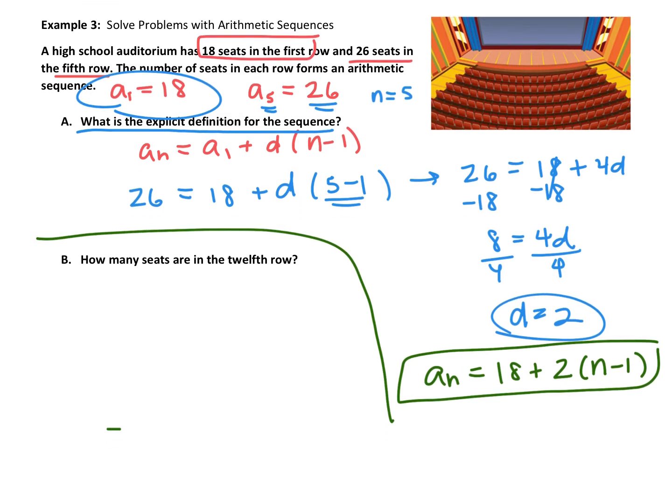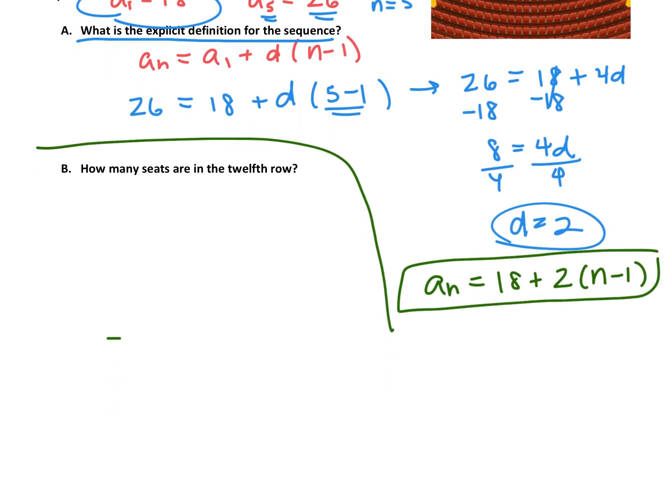Okay, we have a follow-up question. How many seats are in the 12th row? So we can use our rule that we just wrote to find however many seats in any row that we want to. So let's see. I'm going to write that over here.